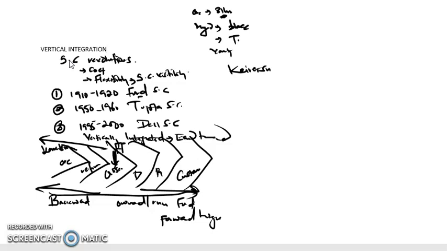This is a system where you enter into long-term agreements with your suppliers, and you bring these suppliers closer to your premises so that the time it will take to fulfill those orders is less.